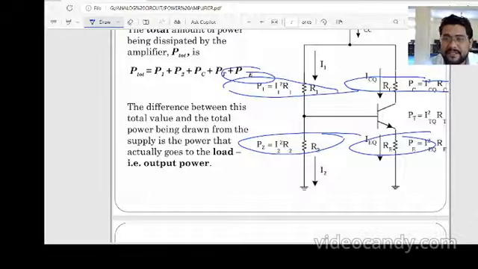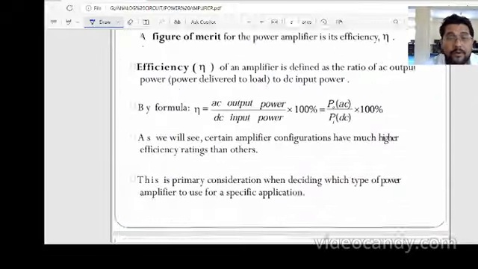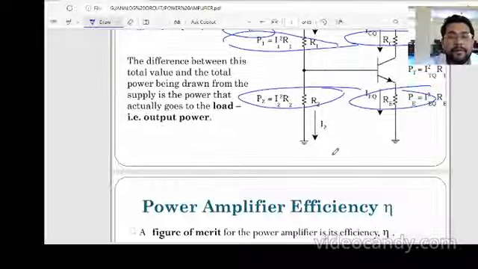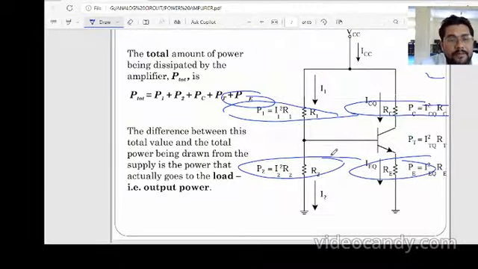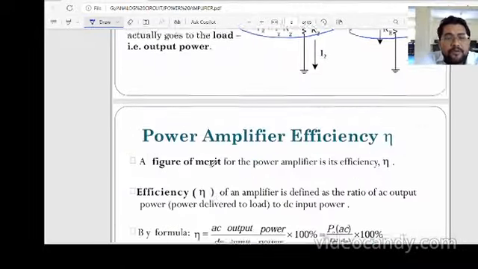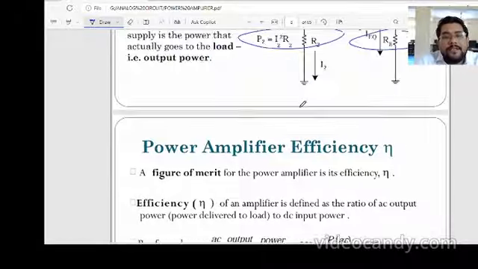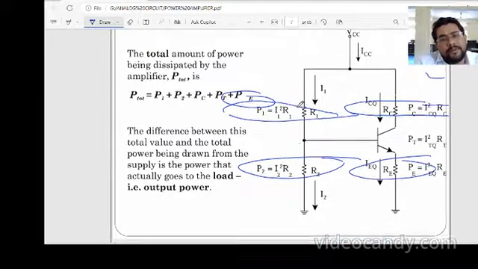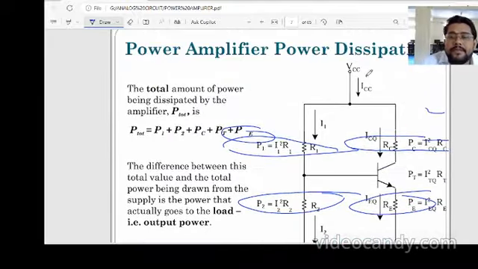This is the general concept for how to calculate the power in any power amplifier circuit, based on the power dissipated in the power amplifier.